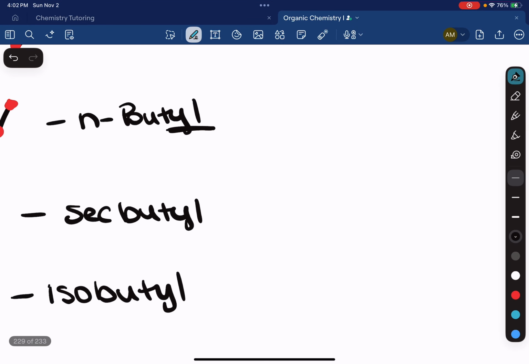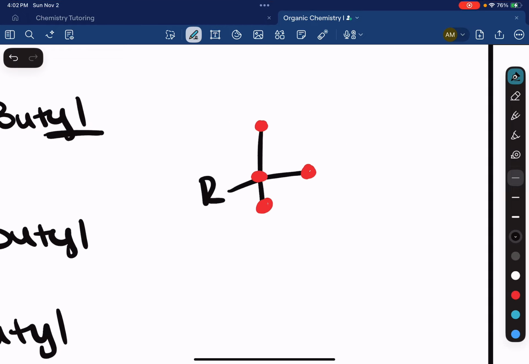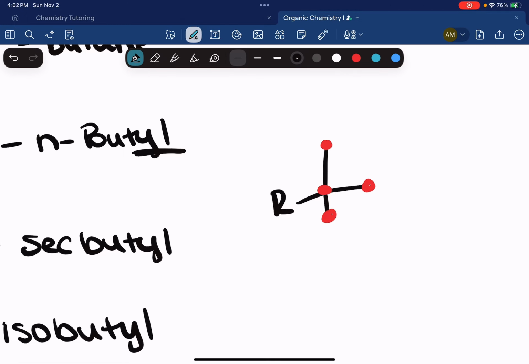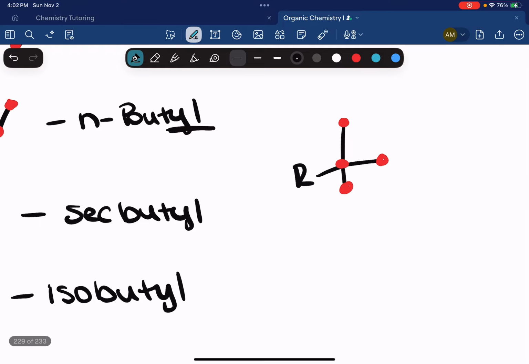And then last but not least, we've got our R group. Got tert-butyl. And I remembered this because it looks like a chicken foot to me.